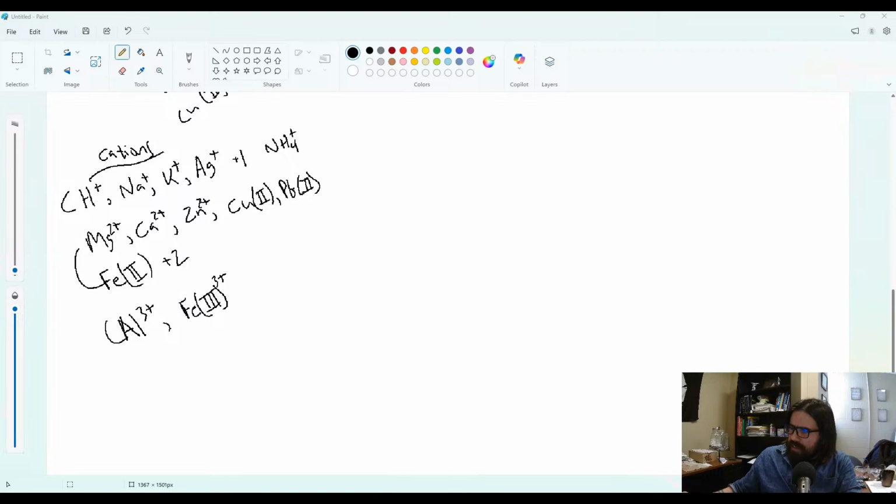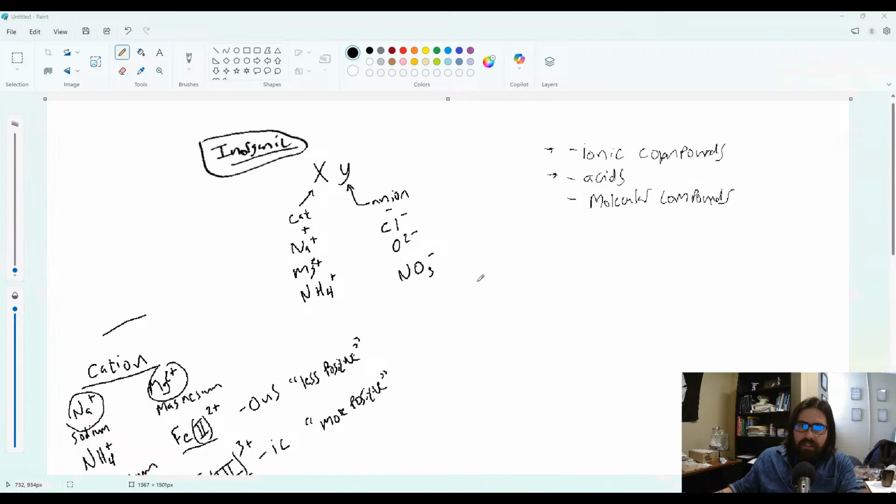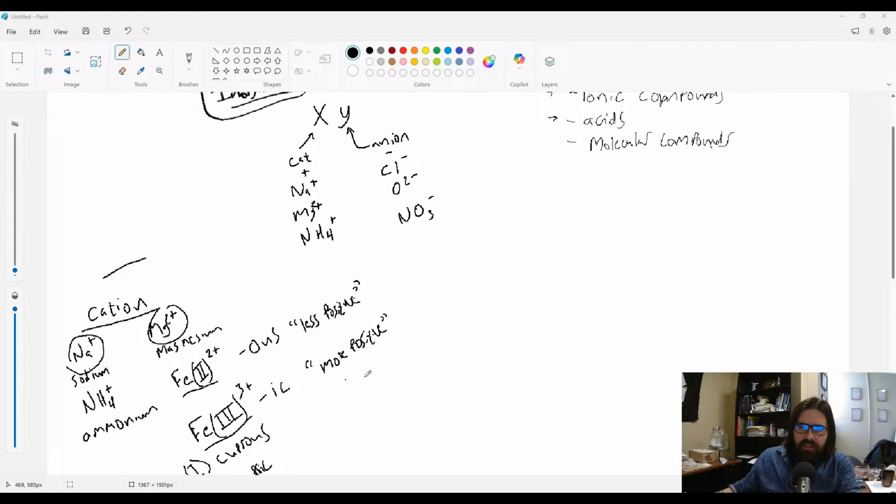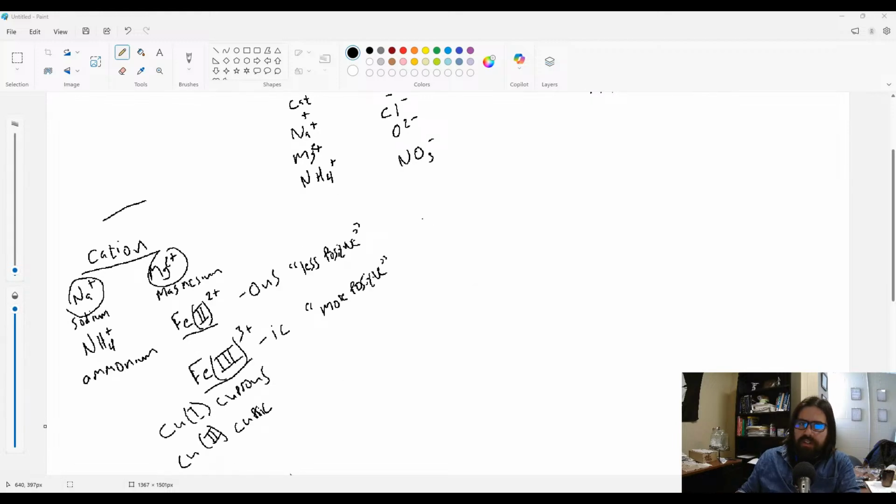Things start to get a little wonky when we start dealing with anions. So let's move on over to the anions side of things over here. The reason is that with anions, there are a lot of different kinds of polyatomic anions, and they come in a couple different flavors.